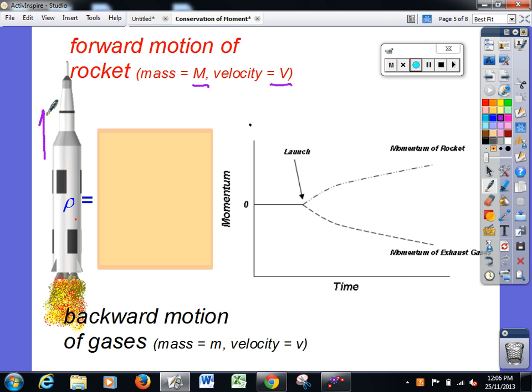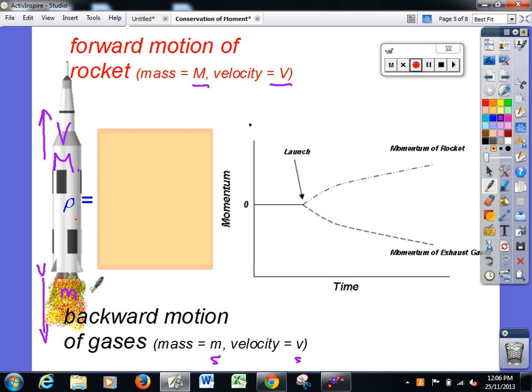The rocket has forward velocity capital V and its mass is capital M. To distinguish it from the gas which is spewed out the back, I'm going to use lowercase. So little m and little v. So this gas here has velocity little v, and its mass is little m.